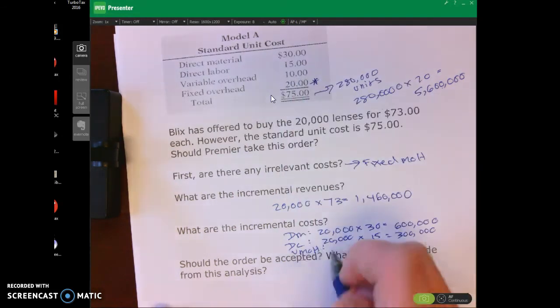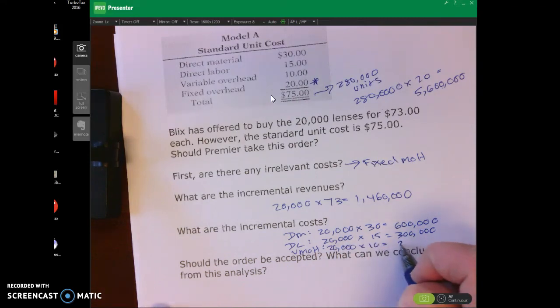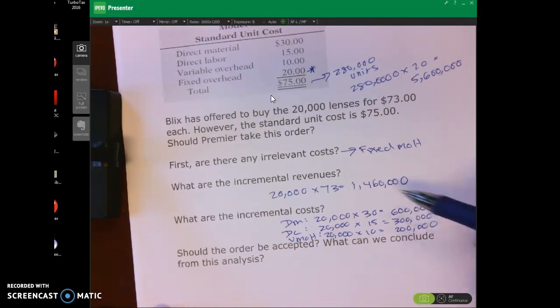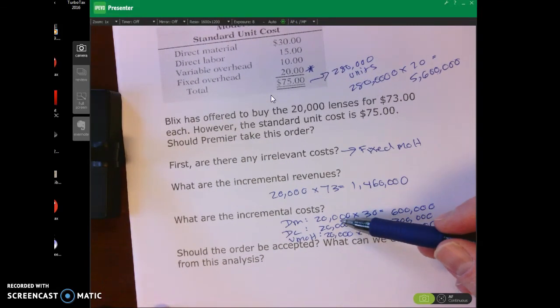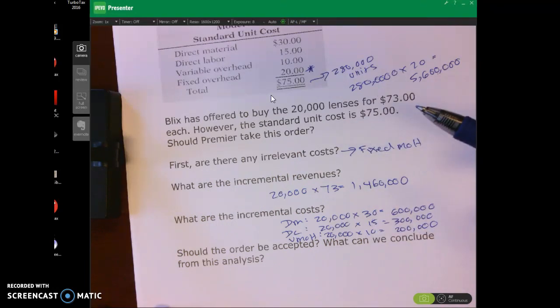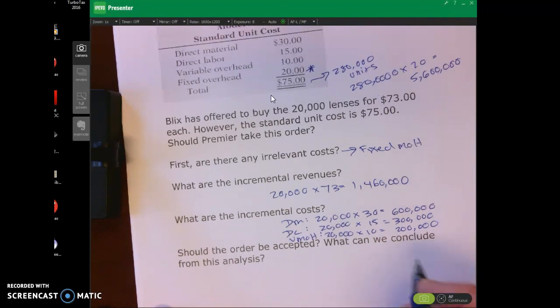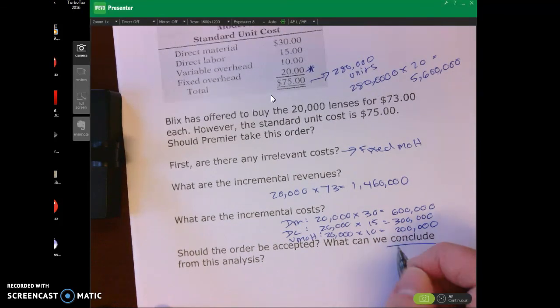And then our variable overhead, 20,000 times the 10 gives us 200,000. What I'm saying is that if we make these lenses, we are going to have more materials, more labor, and more variable overhead, because we have to make the lenses. These are our additional costs to make the 20,000 lenses, so those are incremental costs. When we add these up, we get 1,100,000.